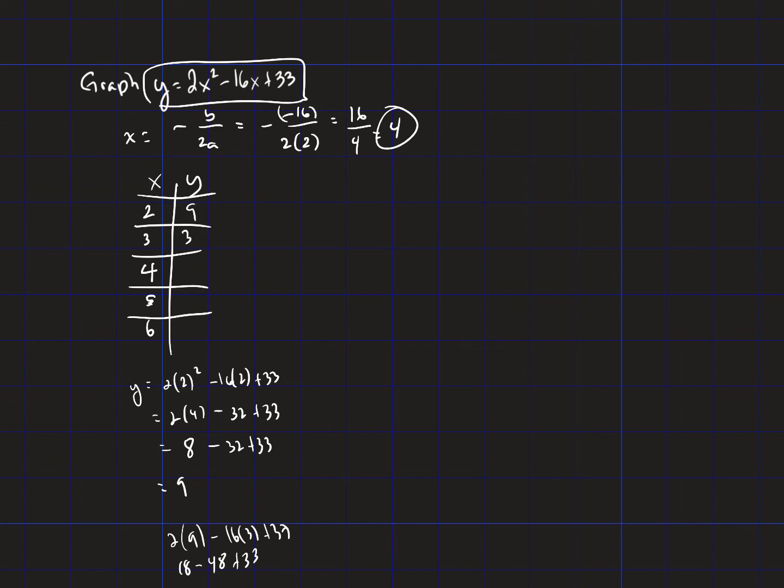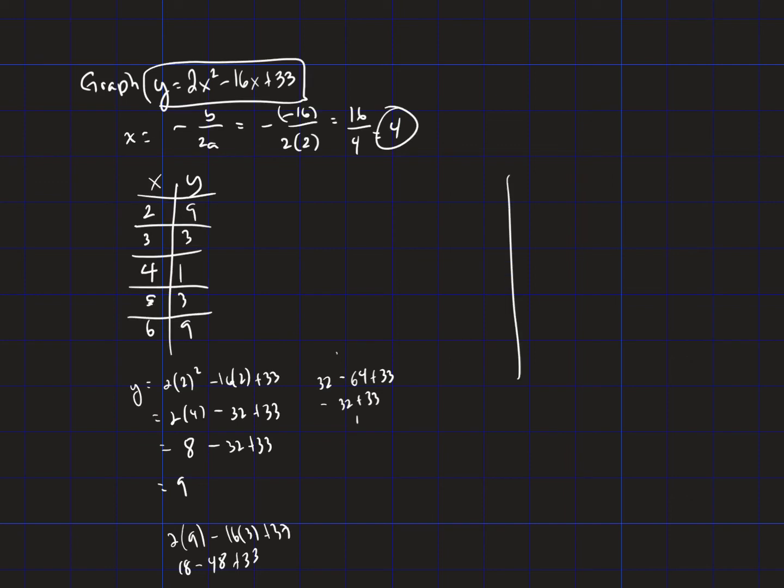If I plugged in 4, I would get 2 times 16, which is 32, minus 4 times 16, which is 64, plus 33. Let's see, that's negative 32 plus 33, which is 1. And then if I plugged in 5, I would also get 3. And if I plugged in 6, I would also get 9.